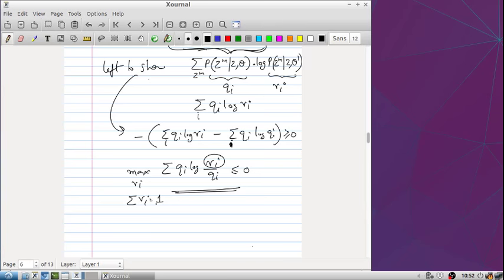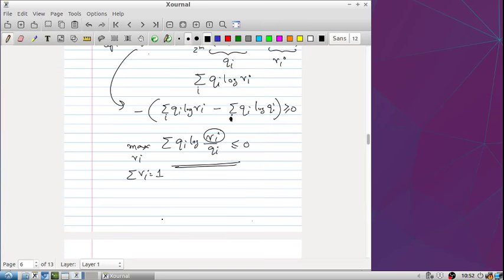Okay. So I don't know if you remember how to maximize a function with a constraint, but it just amounts to using what is it called? Lagrangian, I think. But anyway, I'll actually do it here.